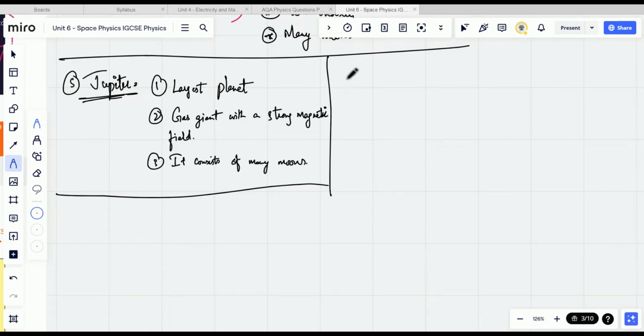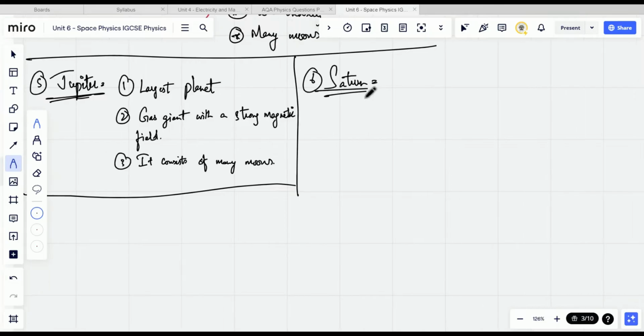Let's talk about Saturn. So the largest planet is Jupiter. What's the second largest planet? Do you all know about the second largest planet? Saturn, I believe. Okay, so it's the second largest planet. This is what you need to remember.